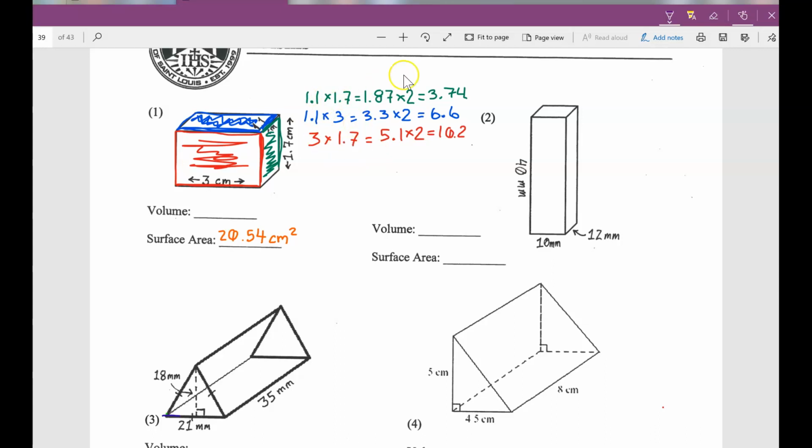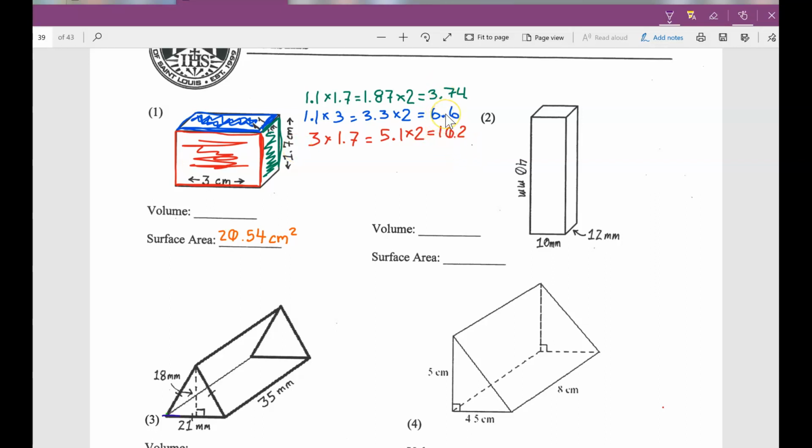And then we just multiplied everything by 2. So if you take each possible pair of the 3 measurements, your front to back multiplied by your up and down, your front to back multiplied by your left and right, and your left and right multiplied by your up and down, and then just multiply everything by 2, you should get the same result.